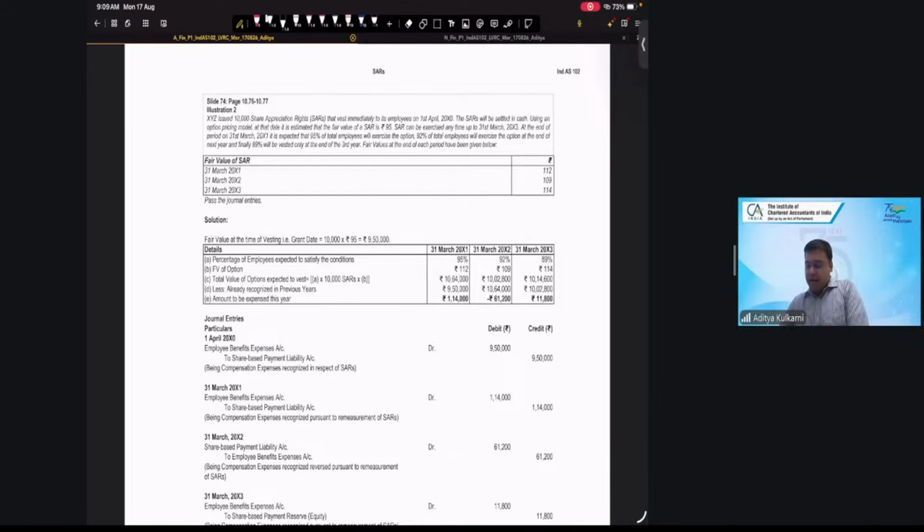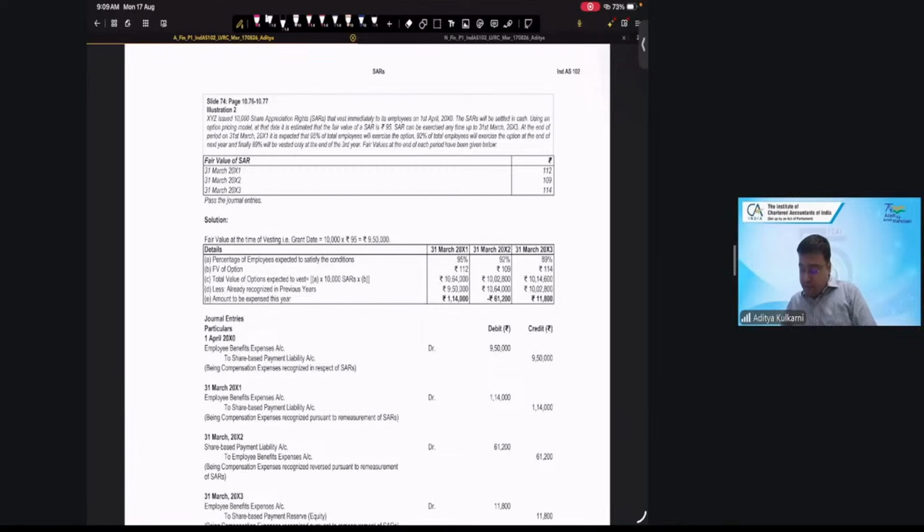So coming back, accounting for SARs is straightforward. Everything is the same as per ESOPs. Only one big difference is that every reporting date you will have to revalue the stock appreciation rights. Okay.